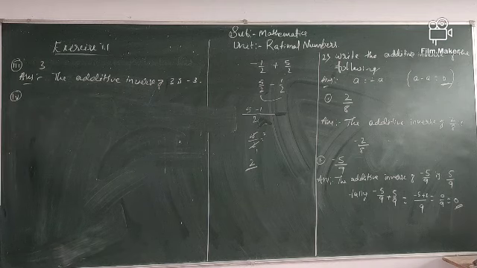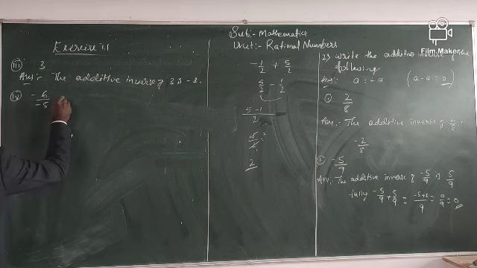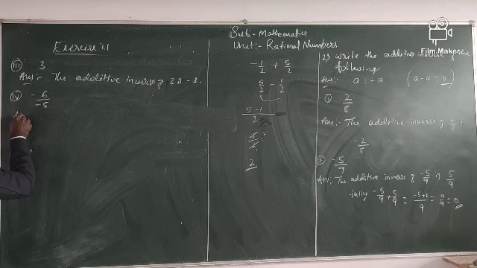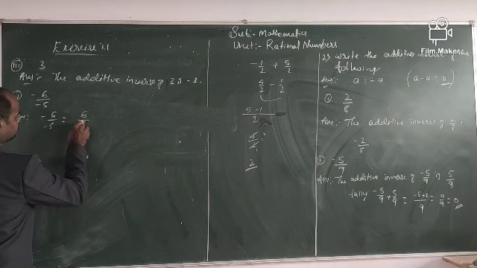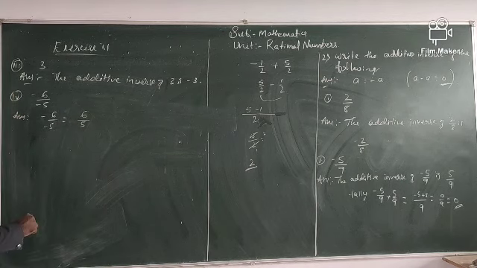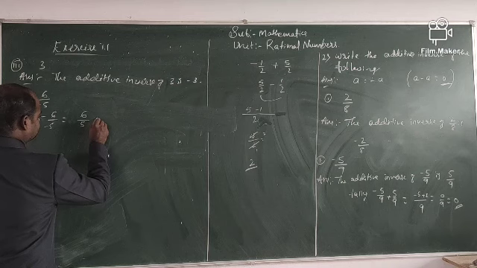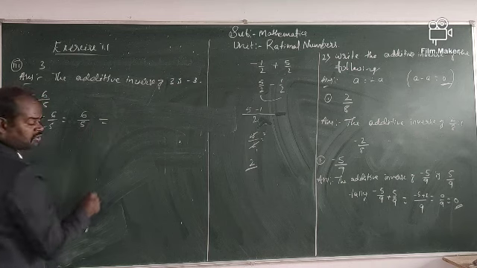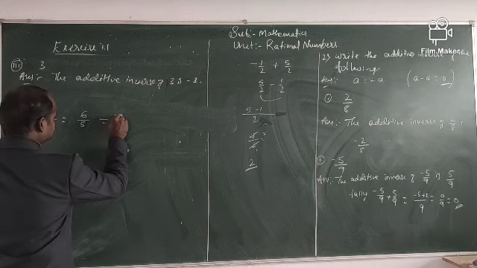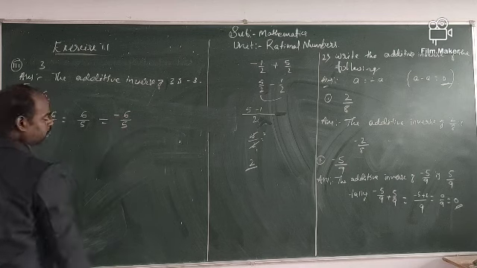Similarly, the next problem is minus 6 by minus 5. Minus minus gets cancelled, and the remainder is 6 by 5. So the additive inverse of 6 by 5 is what? Yes, minus 6 by 5.